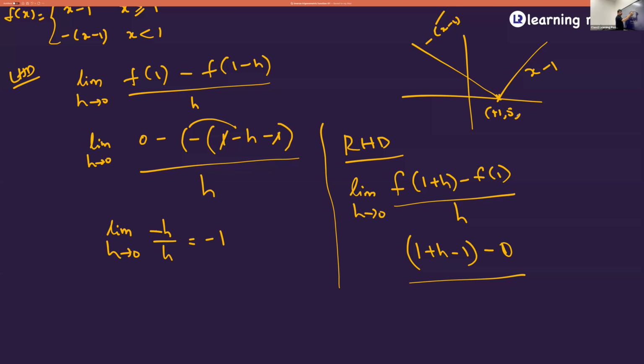Right, f of 1 is 0. The whole divided by h. So 1 and 1 will get cancelled. h by h is 1. So limit h tends to 0, 1 is 1. So left-hand derivative and right-hand derivative are not same. So for this, these steps are expected. Okay, so you need to write them.